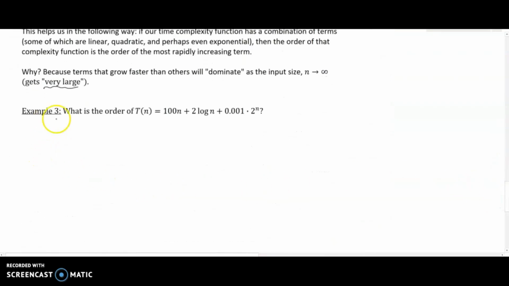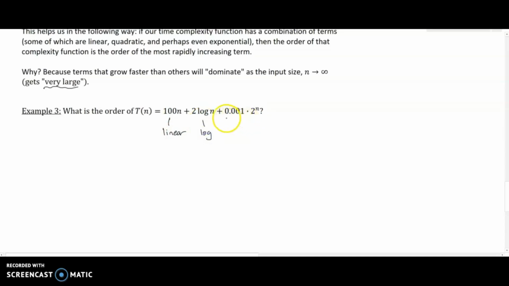So here's another example. What is the order of T(n) equals 100n plus 2 log n plus 0.001 times 2 to the n? The coefficients do not really matter. At first attempt, we might think that this term is going to be the dominant term, but this is a linear term. This next term is logarithmic.